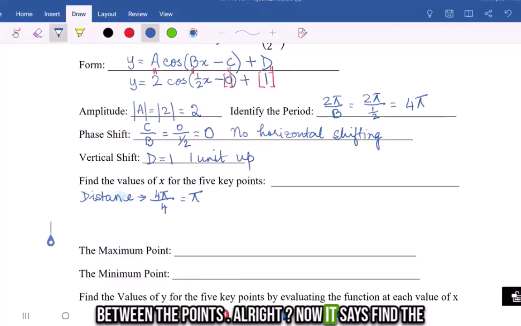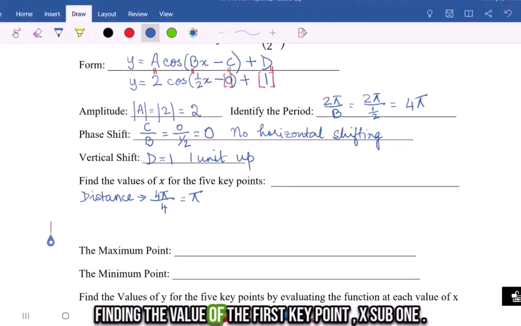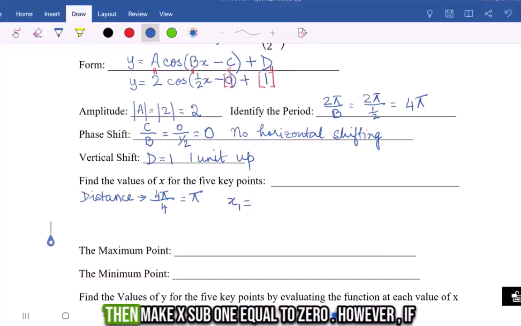Now, it says find the values of x for the 5 key points. Let's start by finding the value of the first key point, x sub 1. What did I say before? If there's no phase shift, then make x sub 1 equal to 0.